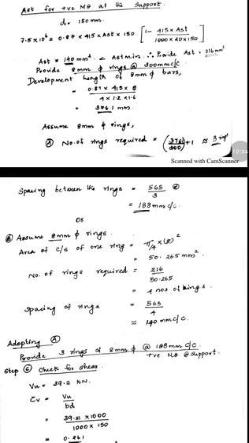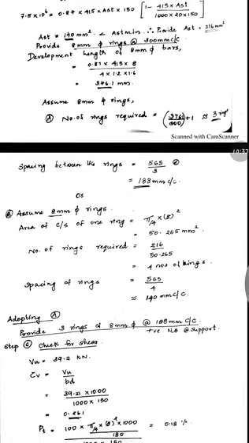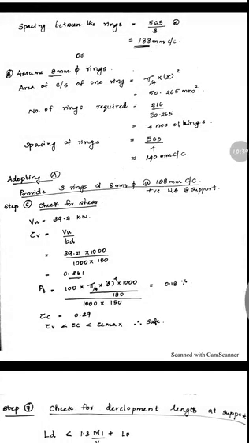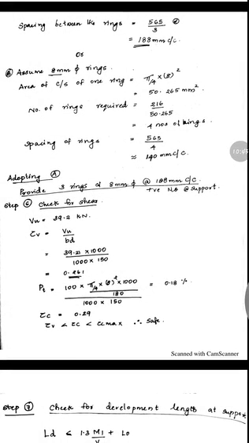And another way of finding out the spacing of the rings: assume again 8 mm diameter rings, and consider the area of cross section of a single ring, that is equal to pi by 4 into 8 square, that is equal to 50.265. Now the number of rings required equals 216 divided by 50.265. So where did this 216 come from?